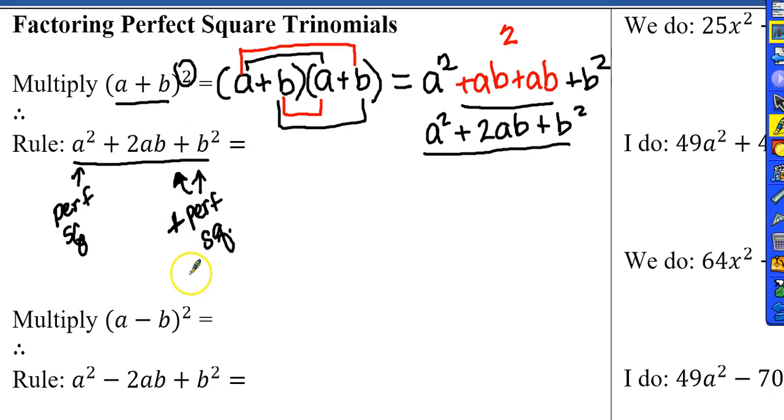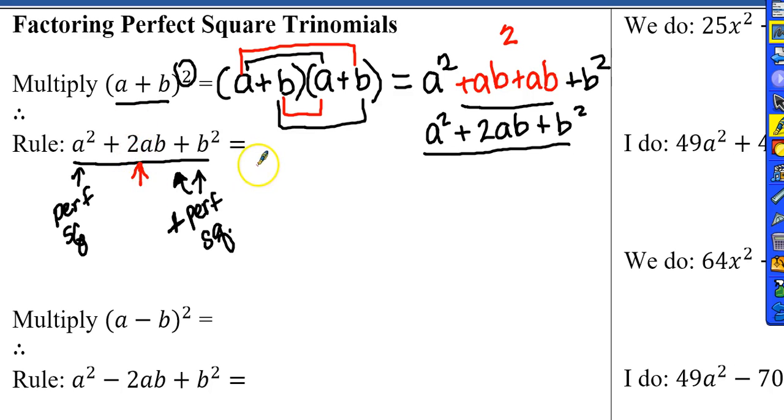The other thing that makes this possible is that here it's positive. So that means we either have a negative times a negative or a positive times a positive, but your last term is positive and your first term is positive. And what you have in the middle, this is the big deal, is 2 of each part of your perfect square: 2ab. There's 2 a's, 2 b's, 2 of them.